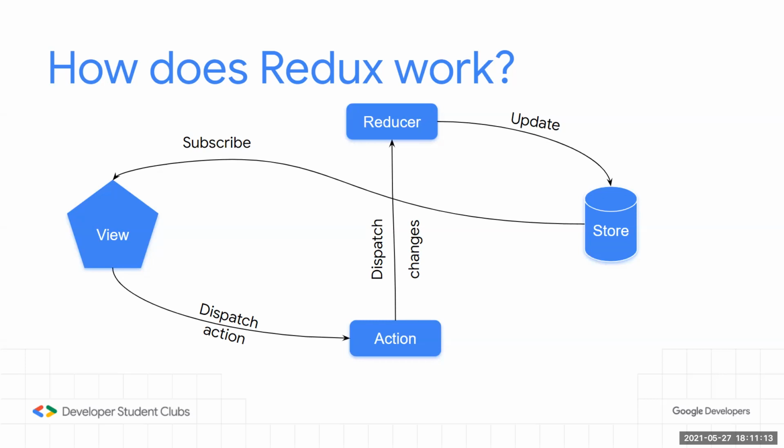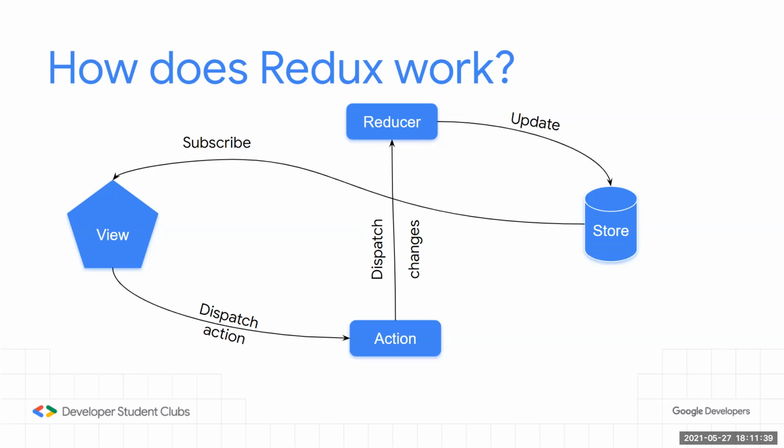What the view does is that it subscribes to the store, as in it says to the store that it now wants to see a specific state out of there. If you have, for example, an authentication system, you might have a navigation bar that wants to use the authentication state to maybe showcase a name in the nav bar.